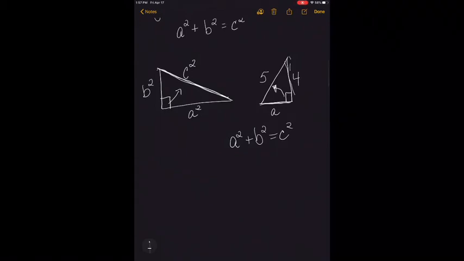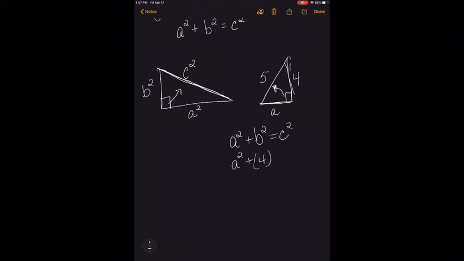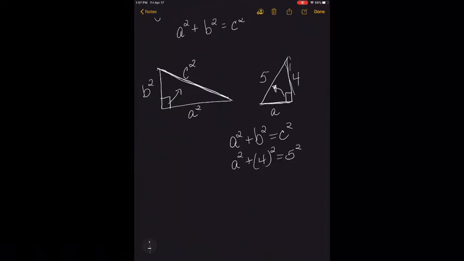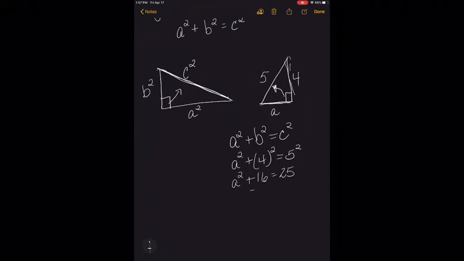So as I always tell you, start with the formula and then fill in. So we can just leave A as A and say a squared plus 4 squared equals 5 squared. Then we can say a squared plus 16 equals 25.